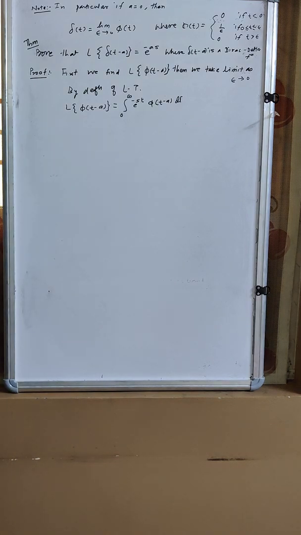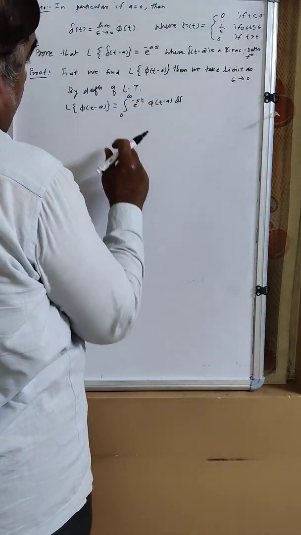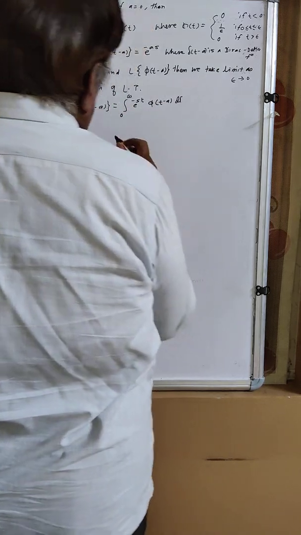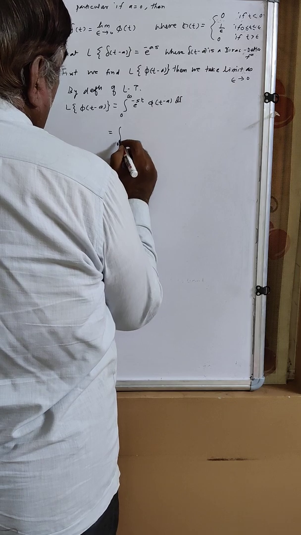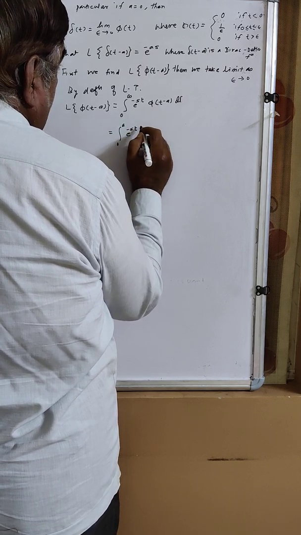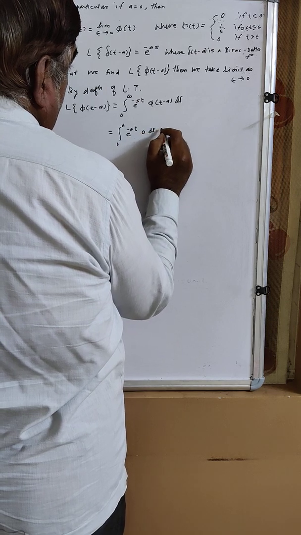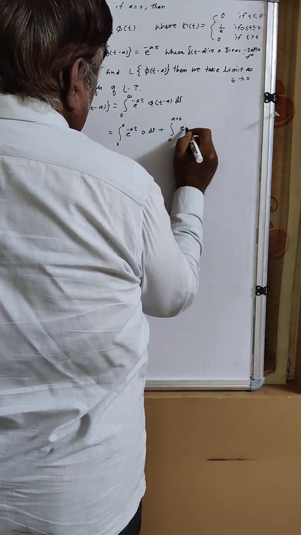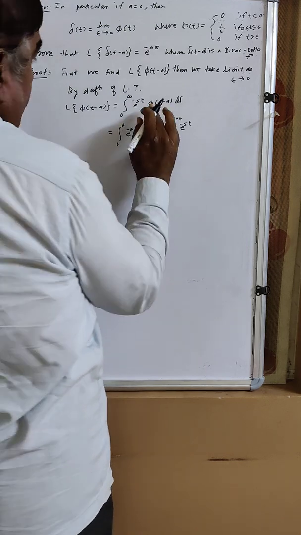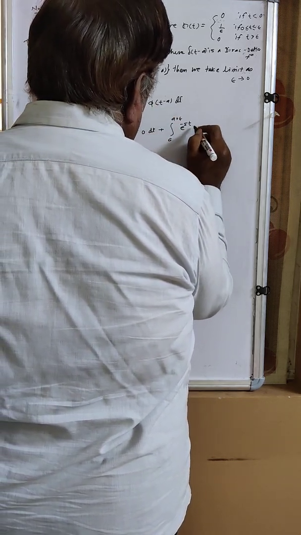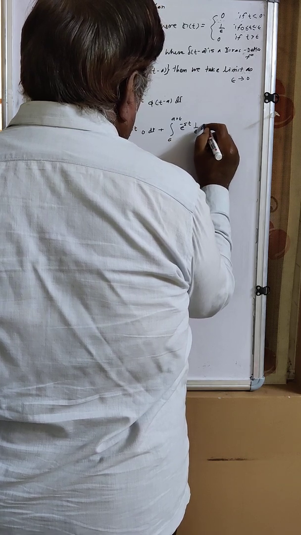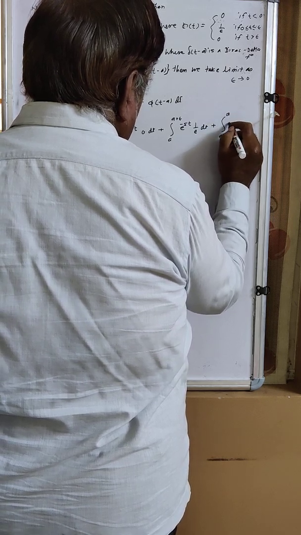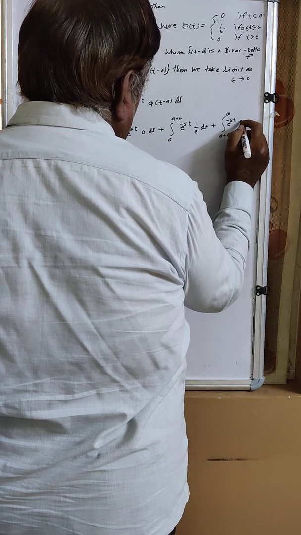By the definition of the Dirac delta function, we divide this interval into three parts: 0 to a, a to a plus epsilon, and a plus epsilon to infinity. So the integral of e raised to minus st times 0 dt from 0 to a, plus the integral from a to a plus epsilon of e raised to minus st times 1 upon epsilon dt, plus the integral from a plus epsilon to infinity of e raised to minus st times 0 dt.